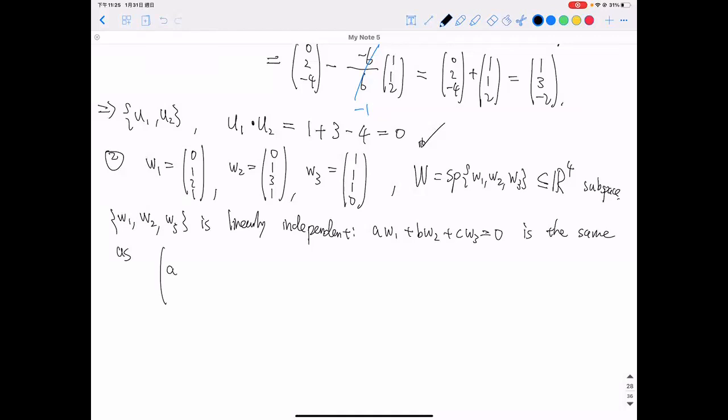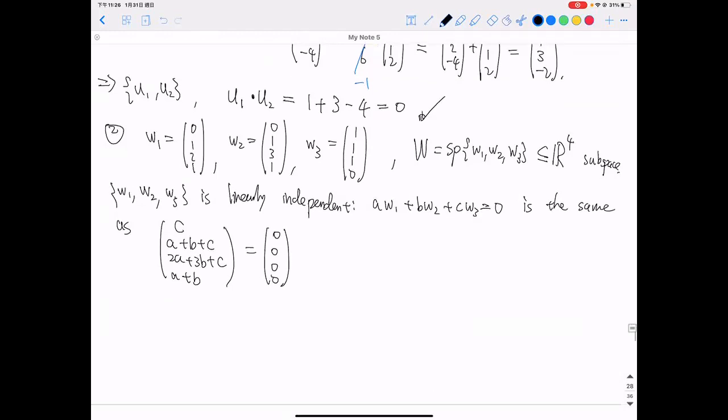So the first entry would just be C. Then the second entry is A plus B plus C. Third entry is 2A plus 3B plus C. Last entry is A plus B equal to the 0 vector.